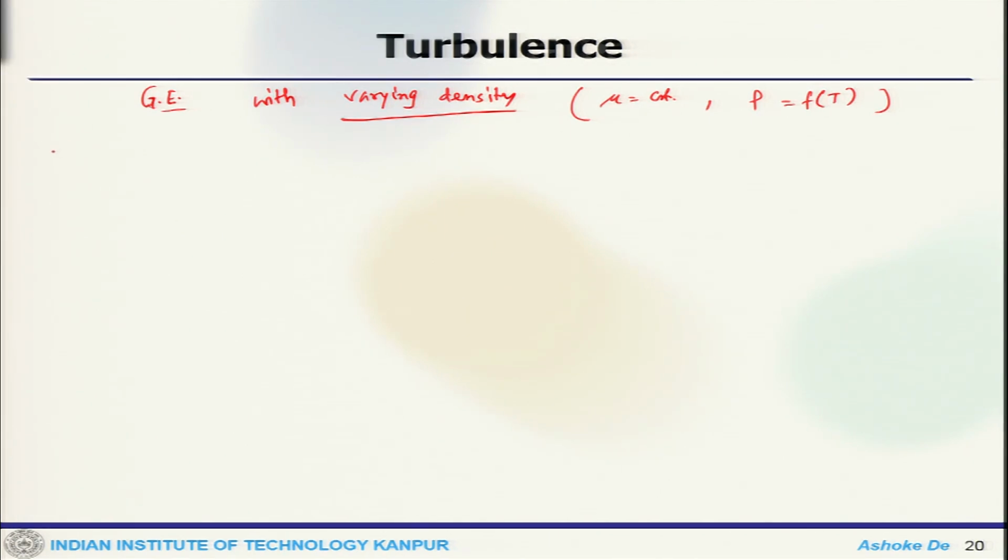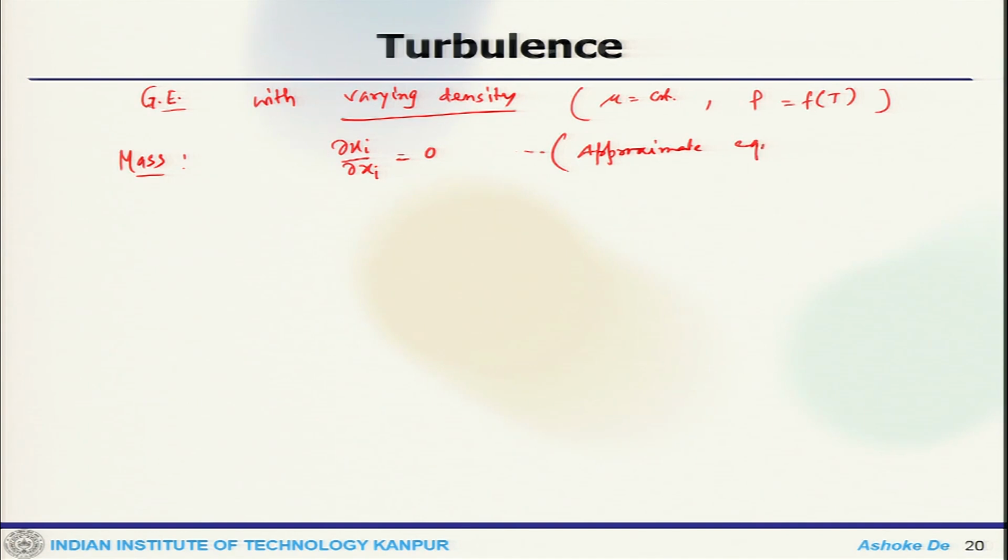So, we can have some approximate equation for conservation of mass, which will be del ui by del xi equals 0. So, one can note here, this is an approximate equation. When density is varying, we cannot directly write what we have written for incompressible flow.